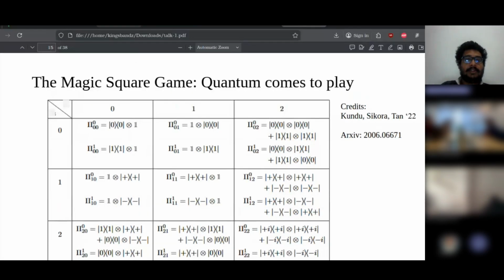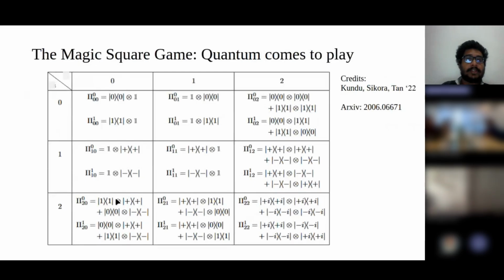Now when Bob is measuring his first qubit, again along the computational basis, it has already collapsed to ket 0. So he's going to get the outcome 0 with probability 1. And this phenomenon happens for every single cell, so you can basically ensure that they win the game with probability 1. Is this clear to everyone? Okay.